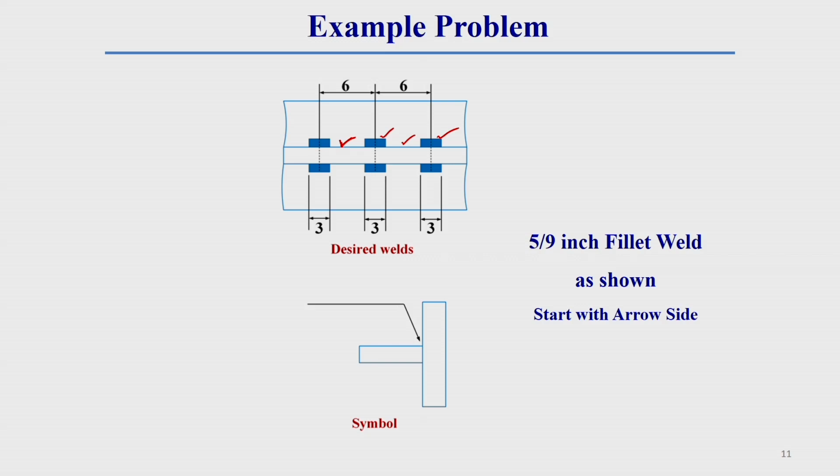Now, let us take some sort of welding. Here each weld length is 3 mm, and the length between the center of this weld and the center of this weld is 6 mm. The information is given here, and we did some fillet welding.